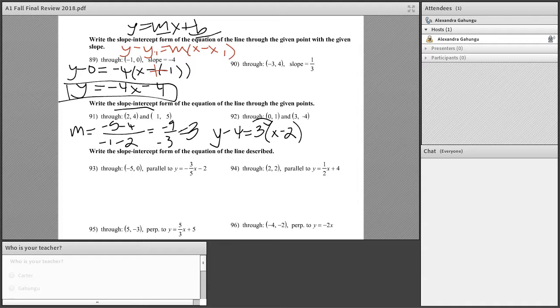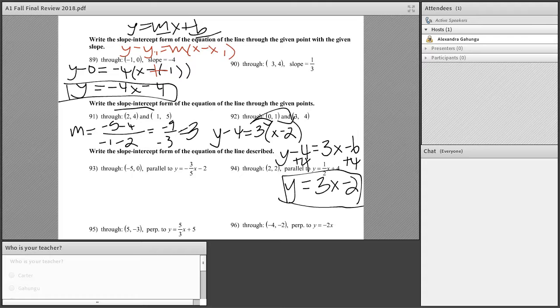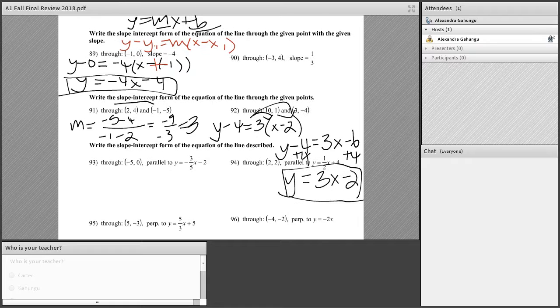And we need to distribute, and we'll get y minus 4 equals 3x minus 6. You got to add 4 to both sides. And we'll get y equals 3x minus 2. Okay. I have to erase that pretty soon.